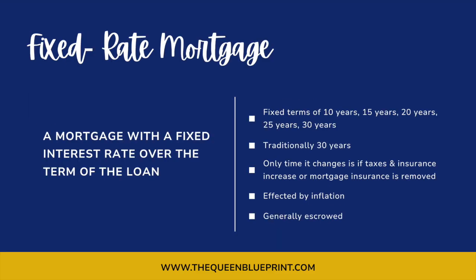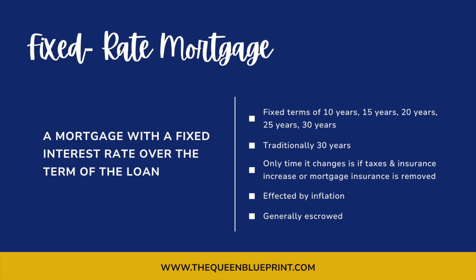All right. Fixed rate mortgage. Okay. A fixed rate mortgage is a mortgage with a fixed interest rate over the term of the loan. This is the typical kind of loan that you go to the mortgage folks to get. When you think about mortgages, most of the time you're thinking about a fixed rate mortgage.